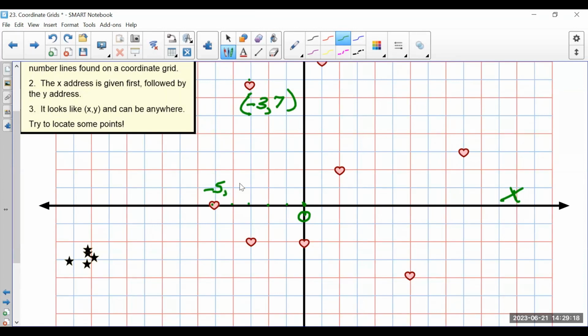So instead of -5 and a number, the directions are go 5 to the left, but don't go up or down, which is 0. This line on the y-axis is 0. Going up and down, that is on 0. Left and right, it's at -5. So that's -5, 0.